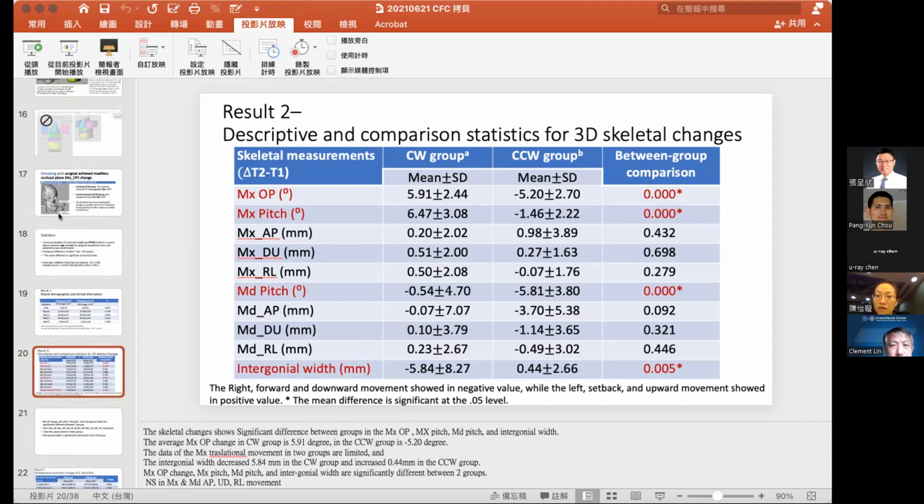And I think the soft tissue simulation, according to the literature, has around 0.3 or 0.4 millimeters of error, especially over the lower lip and over the vertical dimension. So I think it should be mentioned to the patients.